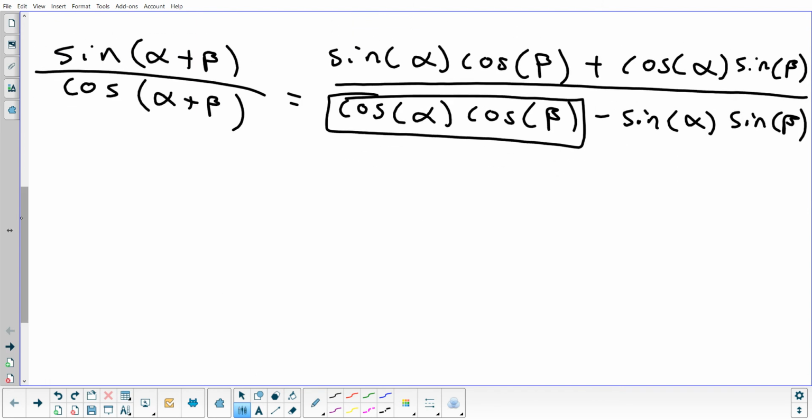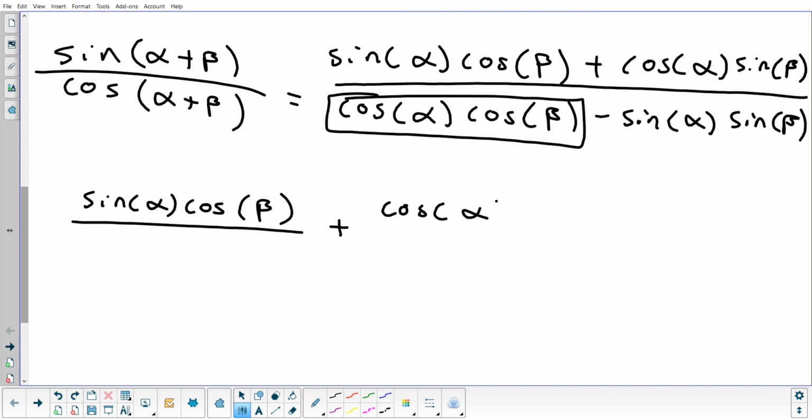All right, so we've got sine alpha, cosine beta, plus cosine alpha, sine beta. I'm going to leave some room because I'm going to put divided by something in a second.